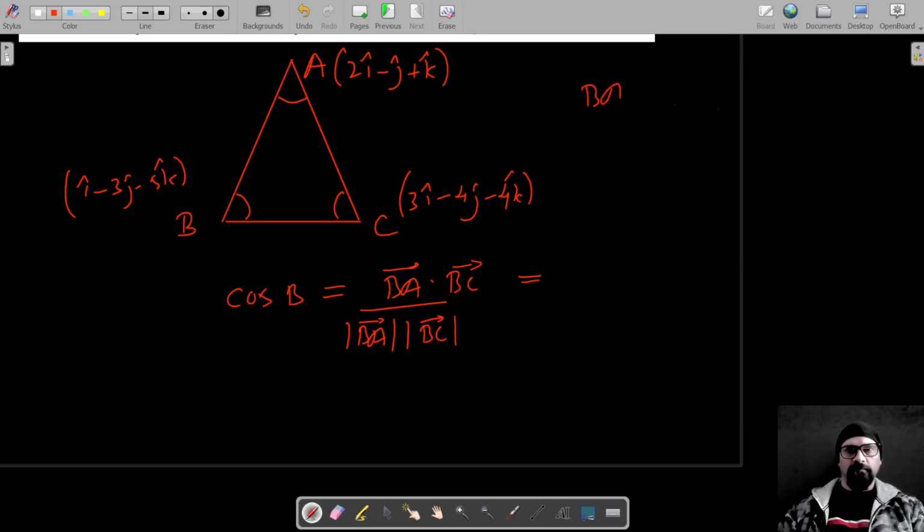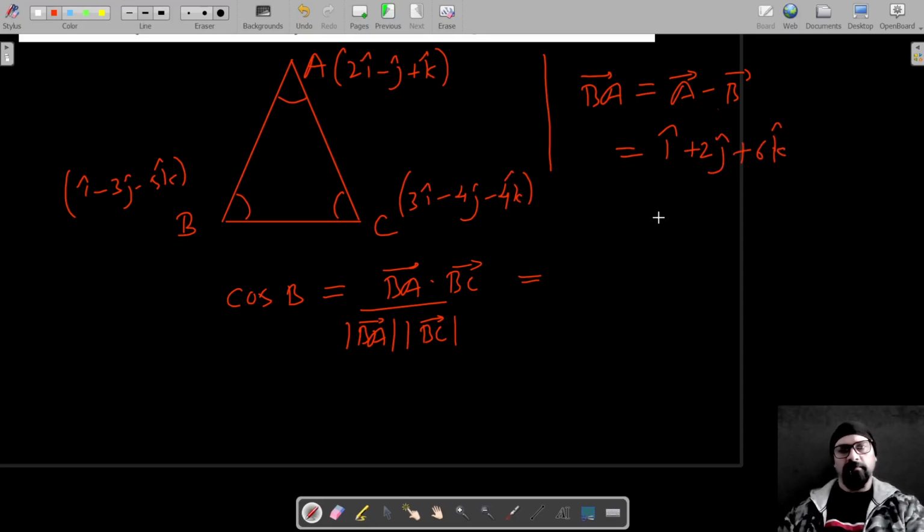Okay, let's find out BA and BC. BA vector is A vector minus B vector, position A minus position B. So 2i minus i is i cap, minus j plus 3j would be 2j cap, and k plus 5k is 6k cap.